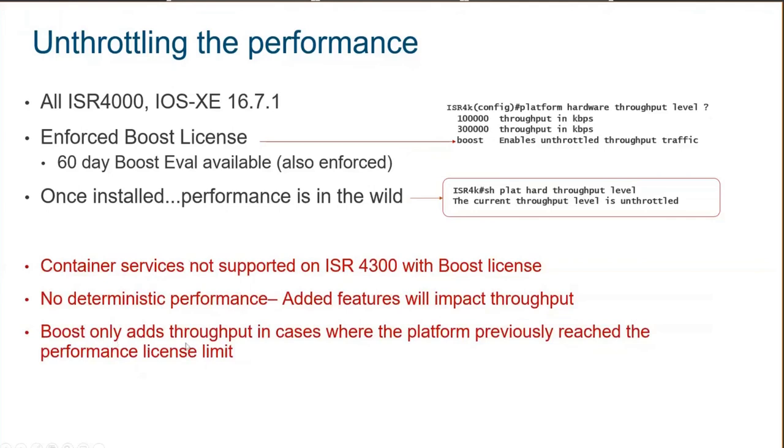Boost will only add throughput in cases where the platform has reached the performance license limit. So if we are reaching the default limit, there is no need to install boost directly. We have an intermediate step, which is the performance license. If we are exceeding the performance license limit as well, then the last step is to boost the throughput, unthrottling the performance.